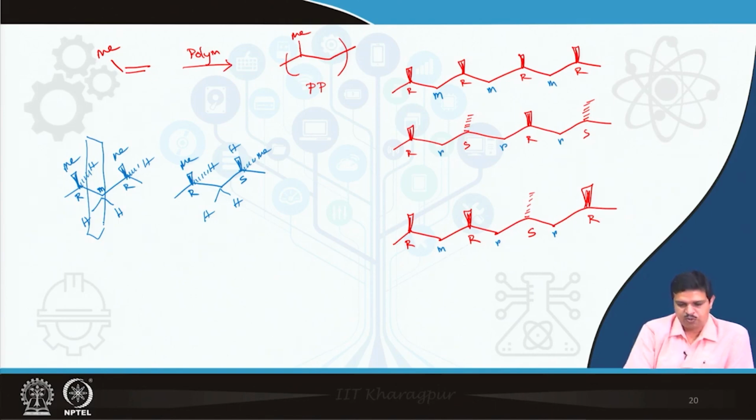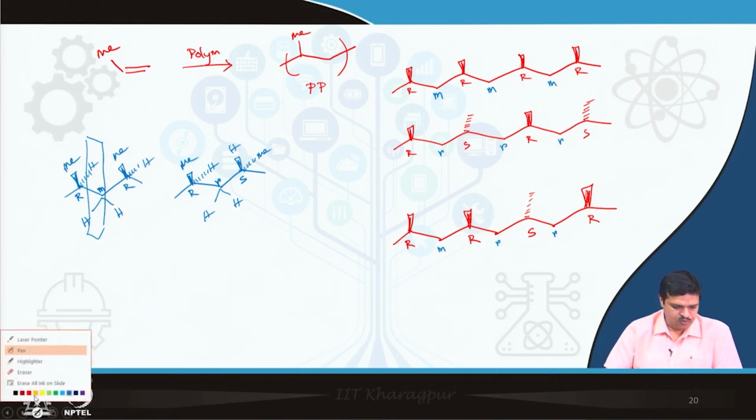So, you will get the meso, and in this other one the scenario is different. That is why this is the small r, racemic, and this is m. So, for simplicity, we generally follow the easier convention.